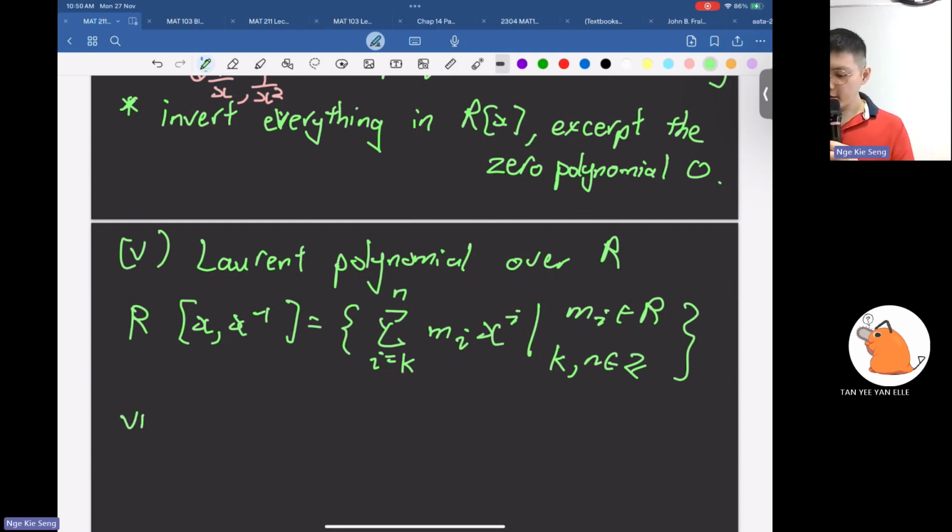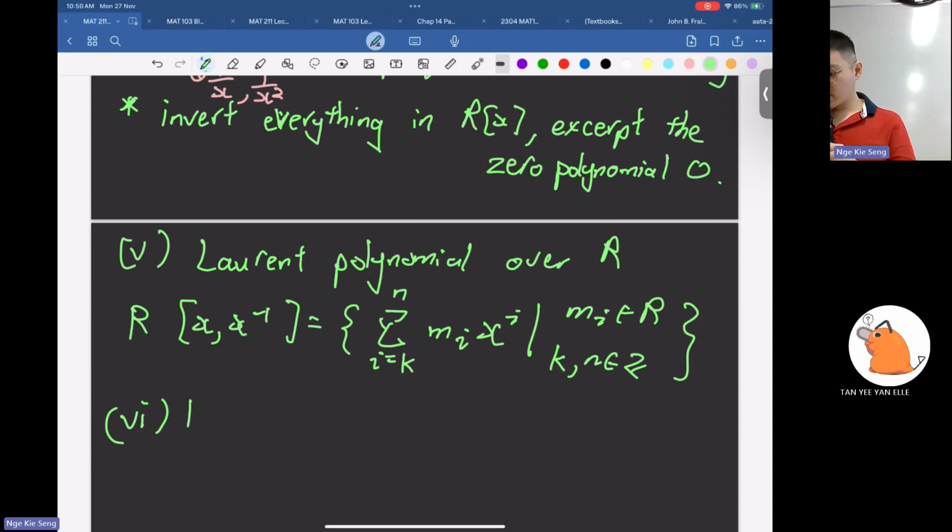Because a power series just continues in one direction, from the constant to positive powers of x until infinity. What if we continue to negative infinity? So we include both directions, negative infinity to infinity.